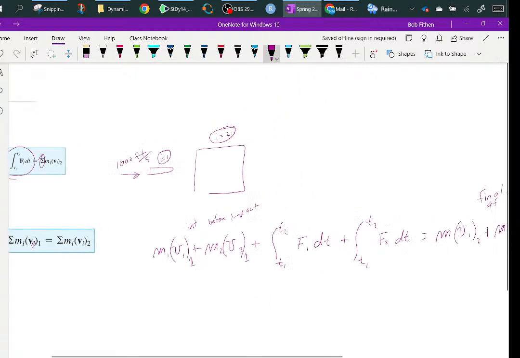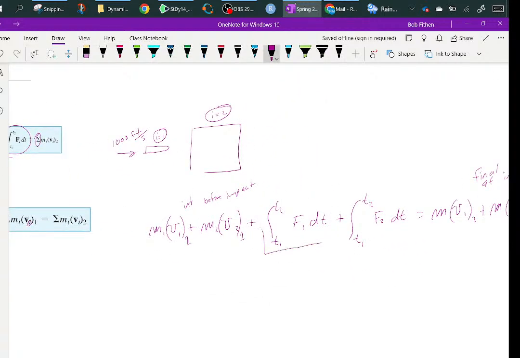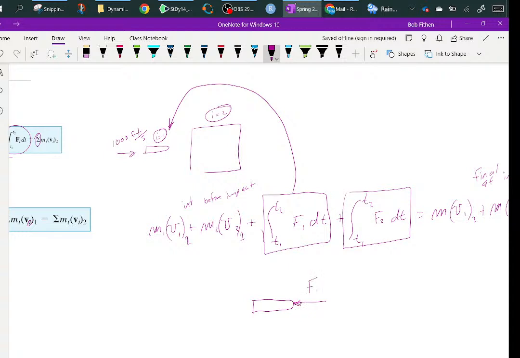And let's pay particular close attention to this term and this term. This term specifically deals with the forces that are applied to the bullet. So during the impact, there is going to be a force applied to that bullet. Say this will be F1.